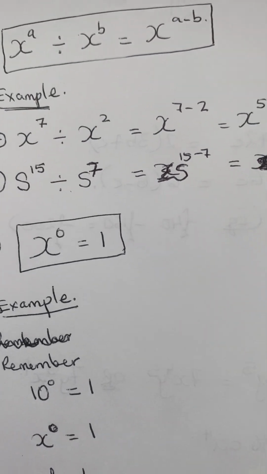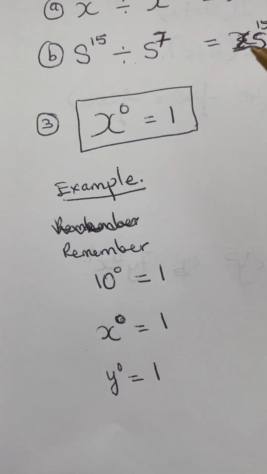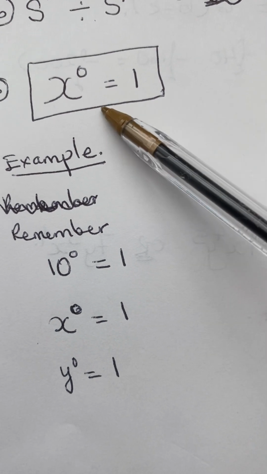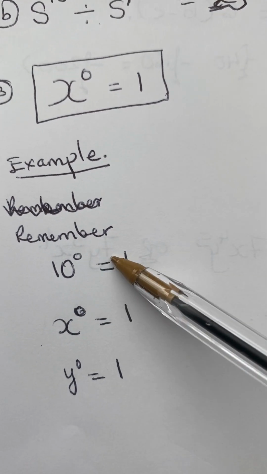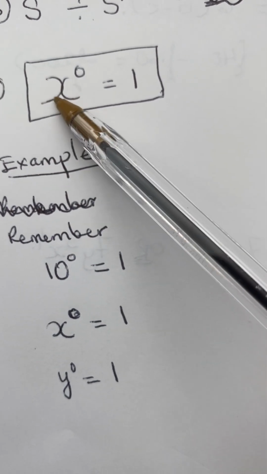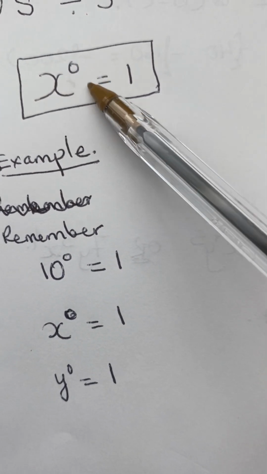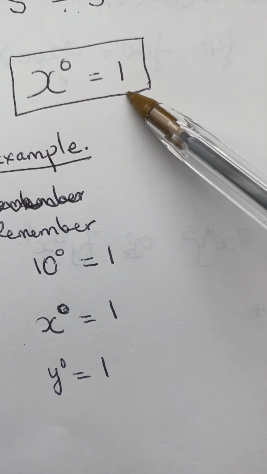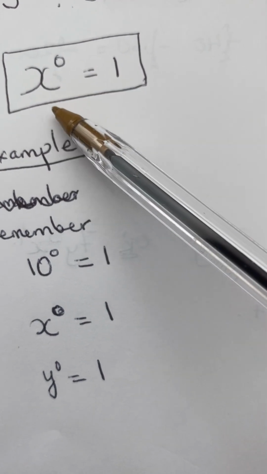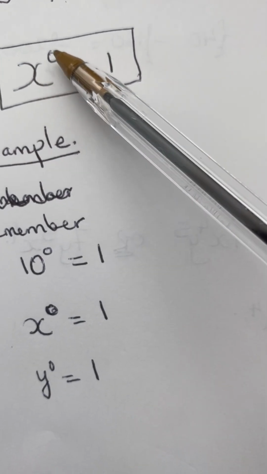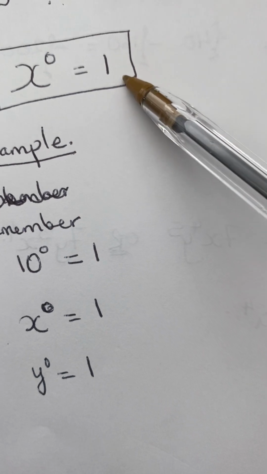Now our third one, we saw this with the powers of 10, where I said 10 to the power 0 is 1. So y to the power 0 is 1, a to the power 0 is 1, q to the power 0 is 1. Any number to the power 0 is 1.